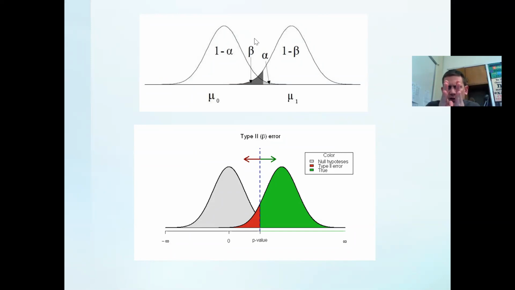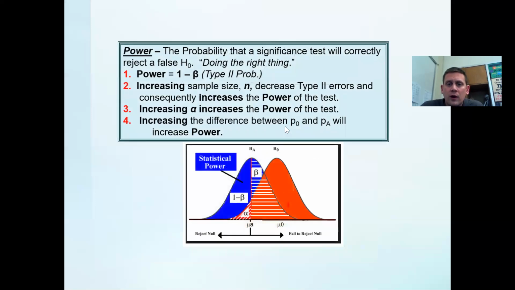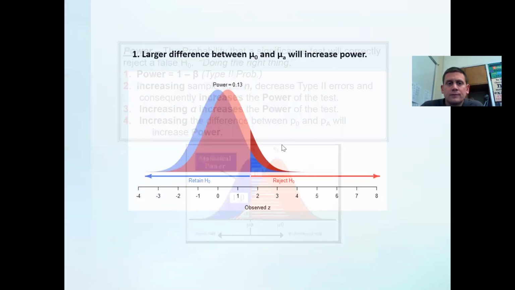If they're closer together, then it's easier for them to overlap, and then beta is not as strong. If these two peaks come closer together, then there's more overlap for this red here to occur. So the further you can get those apart, the better.